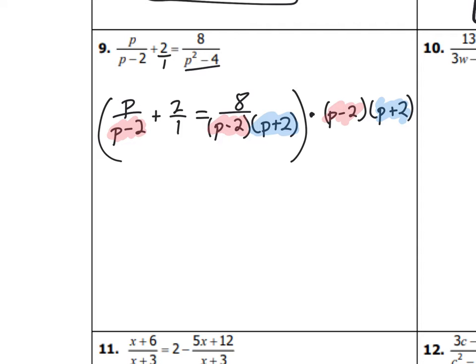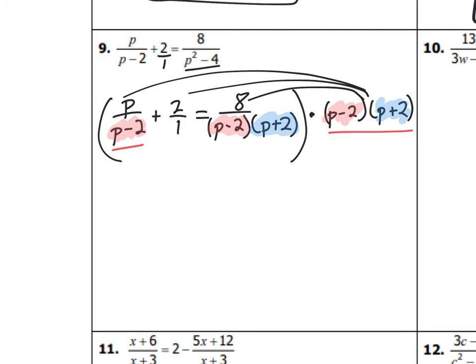So there we go. We are going to be distributing this out to all 3, just like what we've been doing. So I first look to get from p minus 2 to p minus 2 times p plus 2. What do I multiply by? P plus 2. So I need to do p, that's my numerator right here, p times p plus 2. Keep that plus sign.